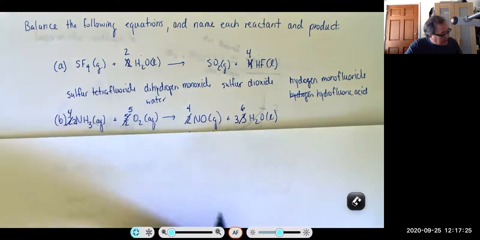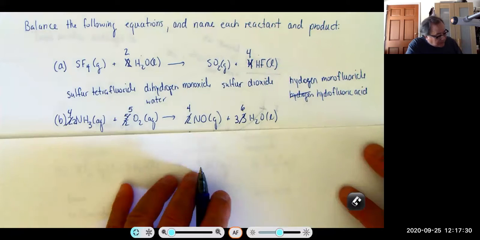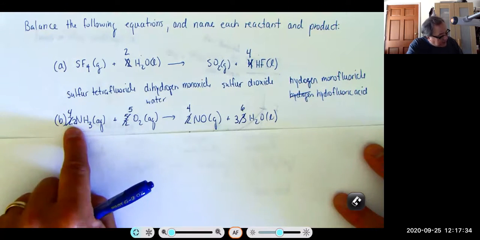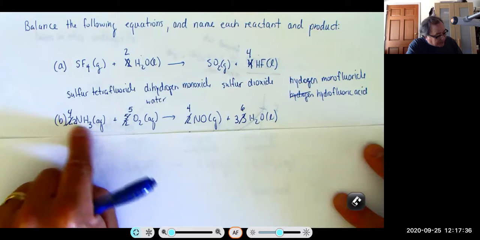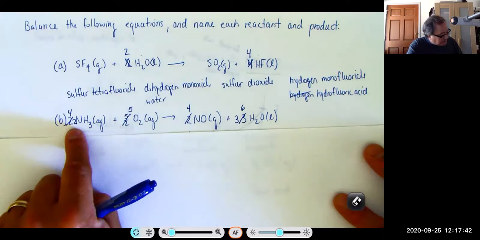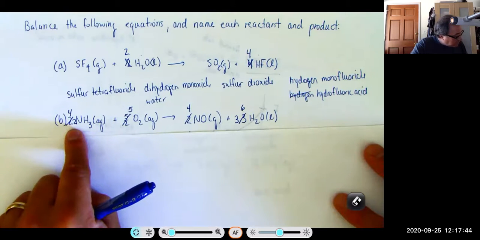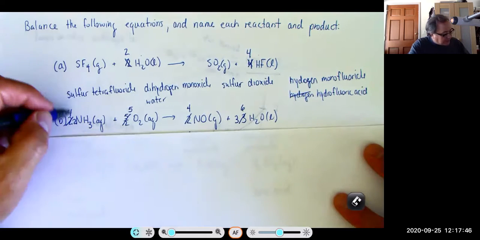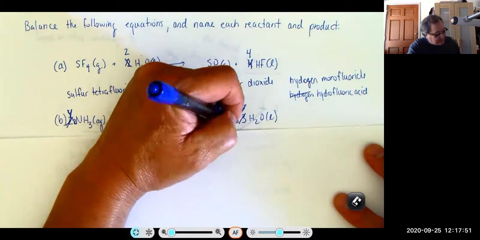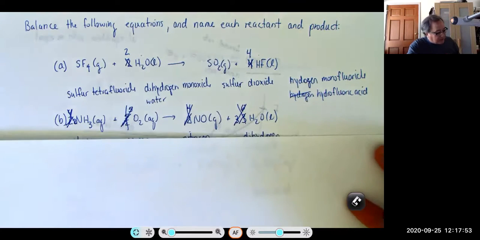Oh, I'm sorry, I have to go back. Change that to a 3, change that to a 2. Since we changed the number of hydrogens, we had to come back here and change that. Is that right? Now I'm all confused. I'm just going to cross all of these out and start over. How's that sound?